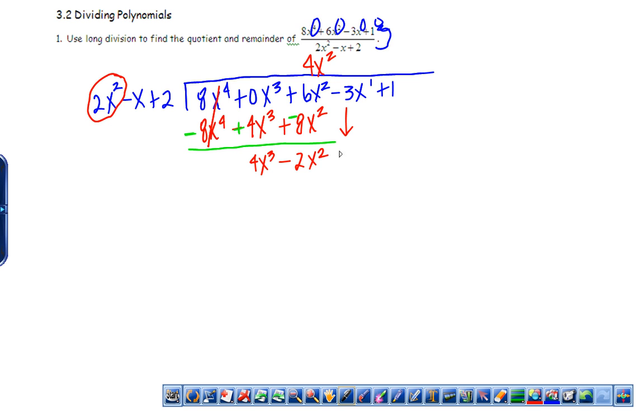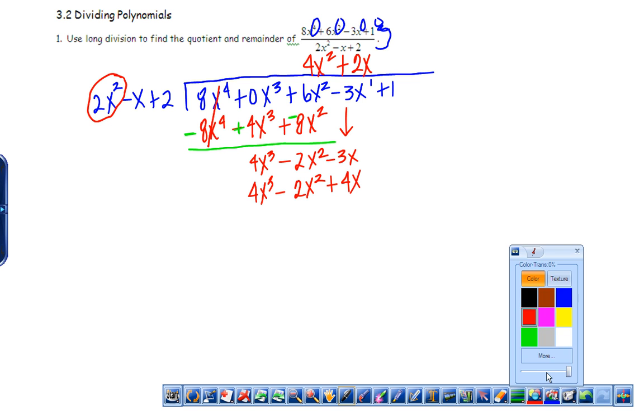I'm going to bring down my negative 3x. Okay, same process. What times 2x squared gives me 4x cubed. And that should just be a positive 2x. Multiply 2x times each one of these numbers. That should be a 4x cubed minus a 2x squared plus a 4x.